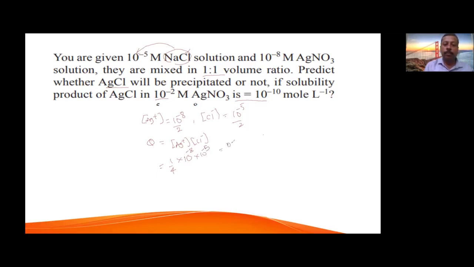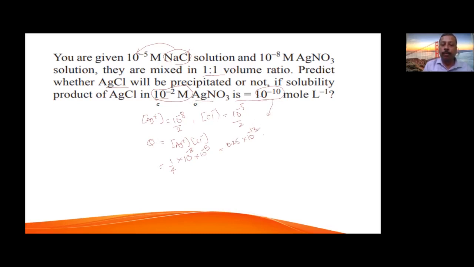Therefore, 1 by 4 means 0.25 into 10 to the power of minus 13. And here it is the solubility product of AgCl, which is 10 to the power of minus 10. The molarity of AgNO3, you don't worry about that.